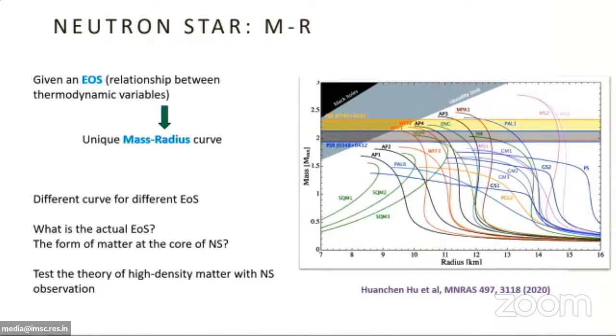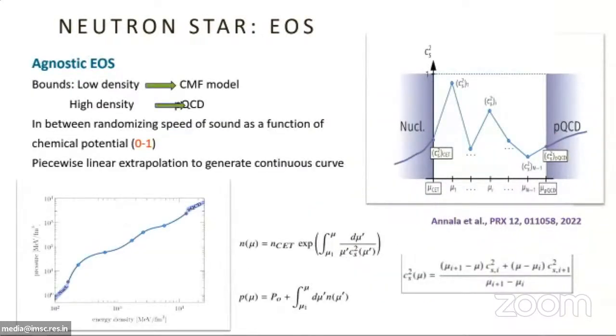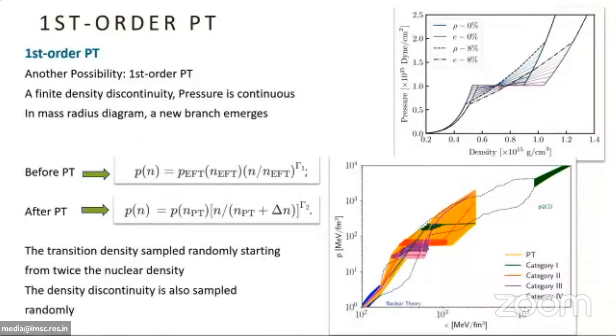However, you have seen that this is a smooth equation of state, and we know this is not the only choice. We can even have a first order phase transition. A first order phase transition is where there is a discontinuous jump in the energy density or the number density, but the pressure and the chemical potential are continuous.